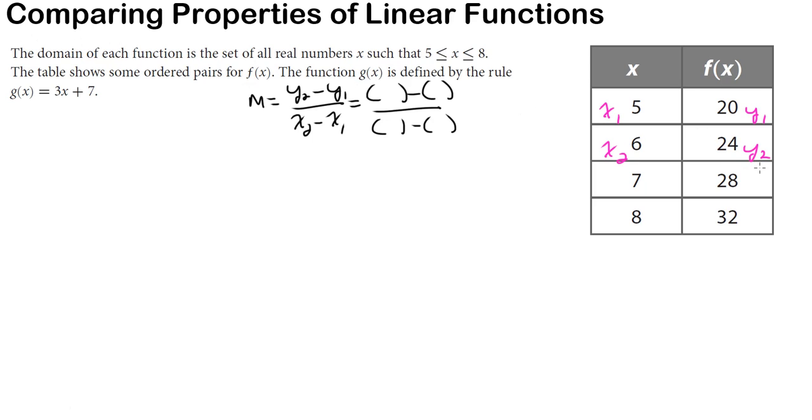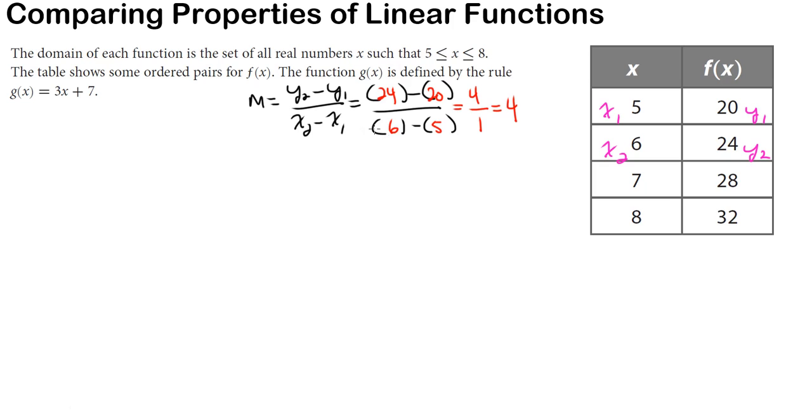Now I'm going to plug these numbers in. My y2 value is 24 and my y1 value is 20. My x2 value is 6 and my x1 value is 5. 24 minus 20 is 4, and 6 minus 5 is 1, and 4 over 1 equals 4. So my slope is 4.